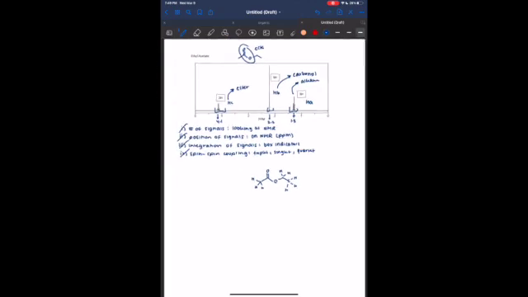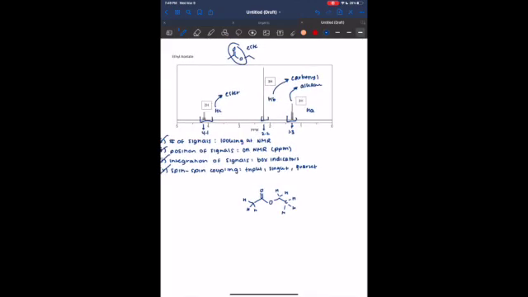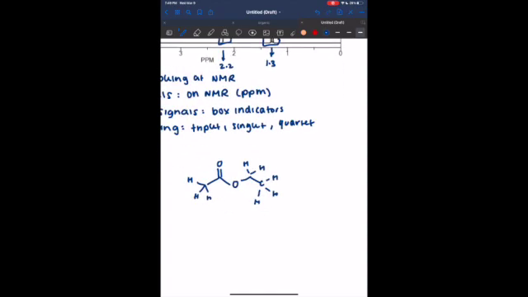If we take a look back at our hydrogen NMR, we can see that this carbon right here contains 3 hydrogens. This one contains 2 hydrogens, and this one contains 3 hydrogens again.